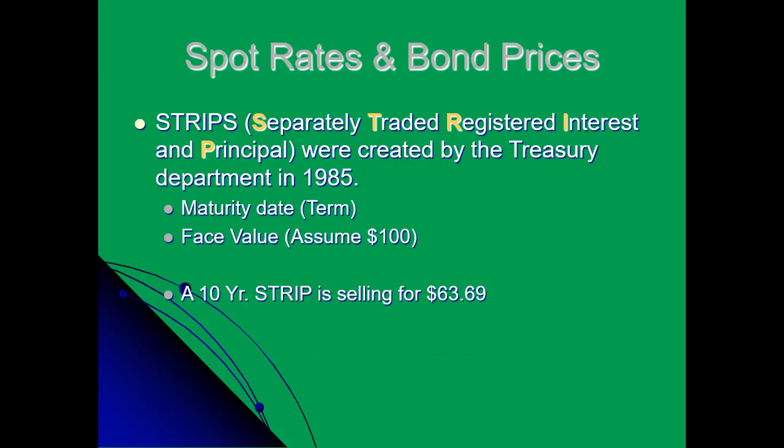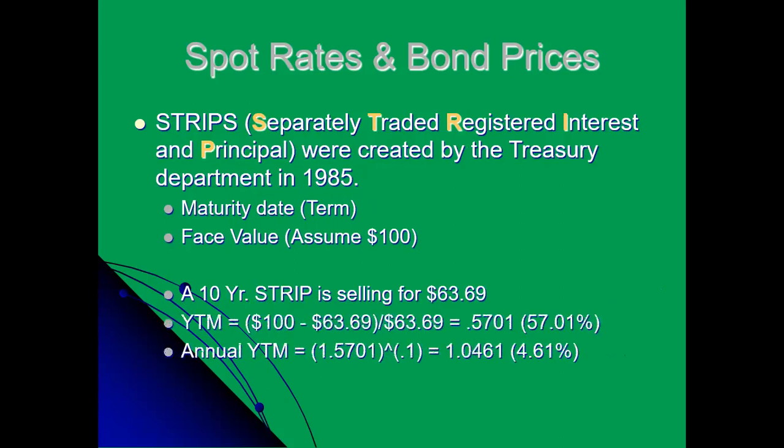So let's say a 10-year strip is selling for $63.69. And with that, we can compute the YTM by getting our respective discount in this case. So that's 100 minus 63.69, 36.31 divided by 63.69 equals 57.01.